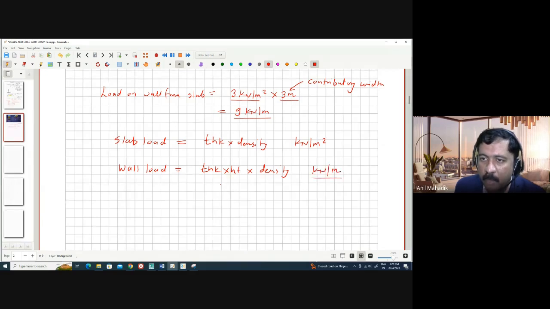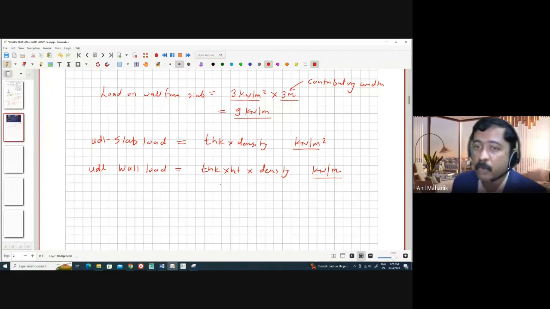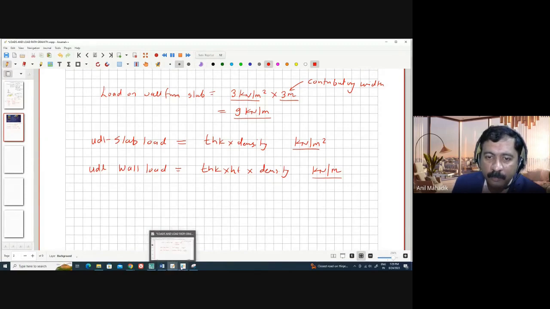Meter, per meter, UDL. This is UDL. This is also UDL, but UDL per square meter. See, the units are very much important whenever you calculate the loads. If you miss any, this meter square becomes meter or meter becomes meter cube, then it will change the meaning of the concept. Okay. So this is the overall idea regarding the load calculations.